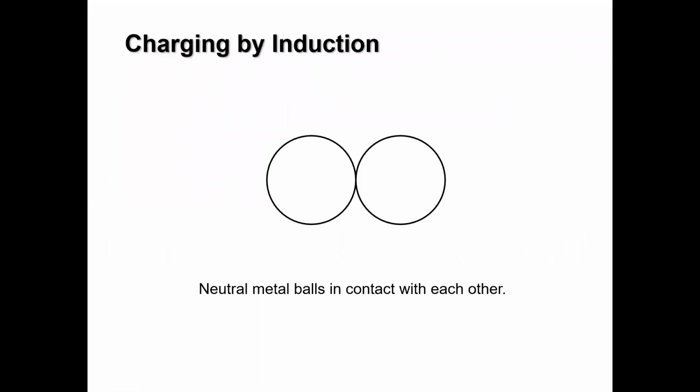There are different ways we can charge substances or objects. One way is by induction. For example, let's say we have two neutral objects, in this case metal balls, and the metal balls are touching each other. Let's bring a charged rod near the balls.